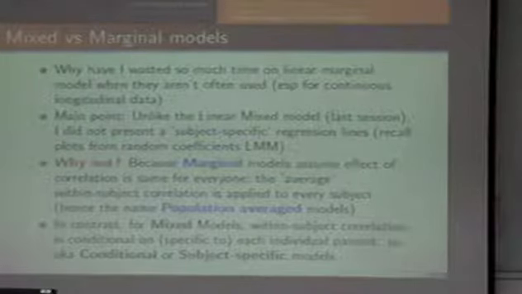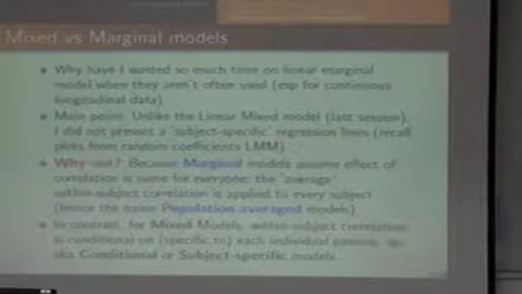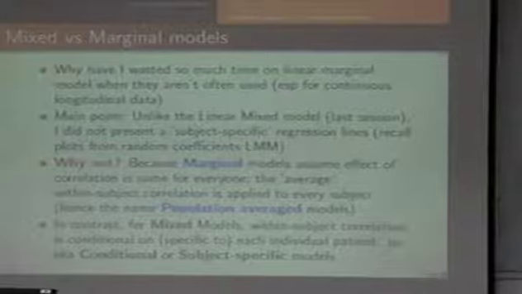How would a mixed model handle the example of the person correlation? You can also have a random effect as well. You could do that.